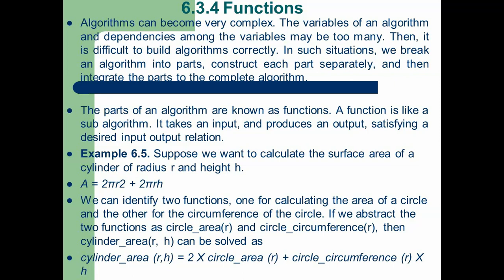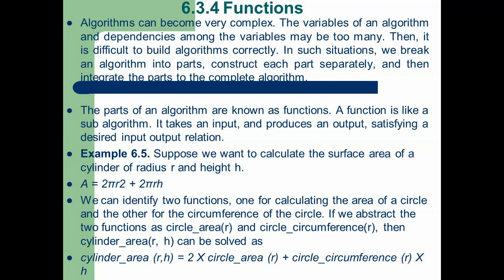The variables of an algorithm and the dependencies upon the variables may be too many, and then it is difficult to build the algorithm correctly. In such situations, we break an algorithm into parts, construct each part separately, and then integrate the parts into the complete algorithm. Those parts of an algorithm are known as functions. So a function is a part of an algorithm.